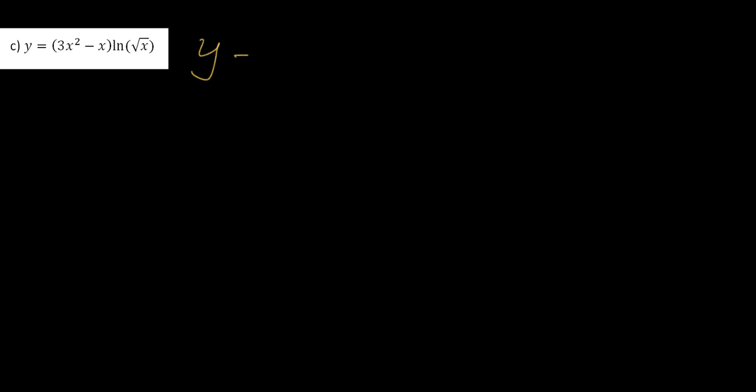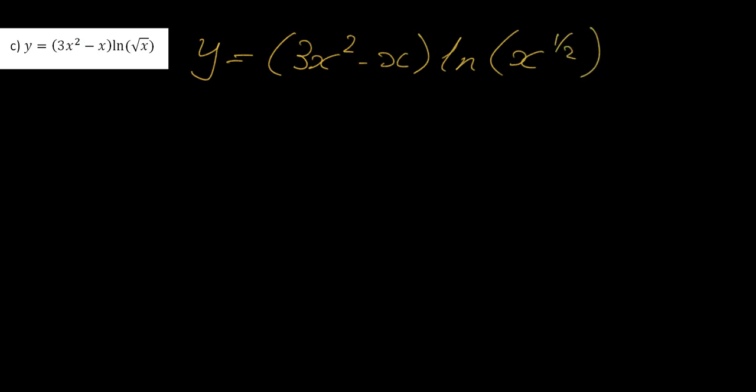So if I rewrite this equation over here, x to the power of half. Remember that if you have a power inside your logarithm, then you can take this power and put it in front. And if you do that, all you're dealing with now is natural log of x.